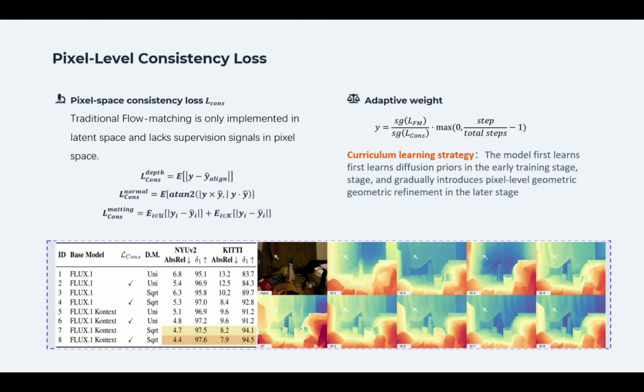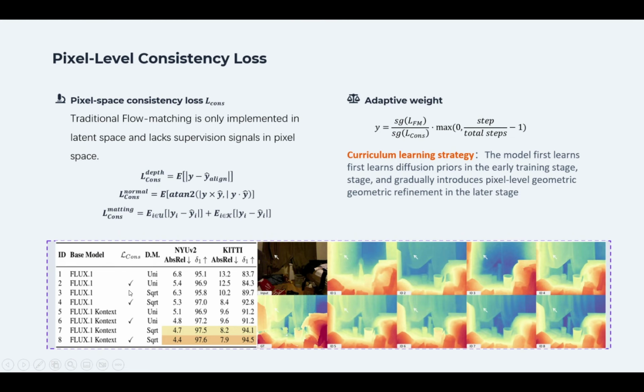We guess that the original model, or the prior knowledge, is mainly trained in the latent space, so it can't learn so quickly. So we let it focus on the flow matching loss in latent space in the first epochs, and then gradually add the pixel consistency loss into it.